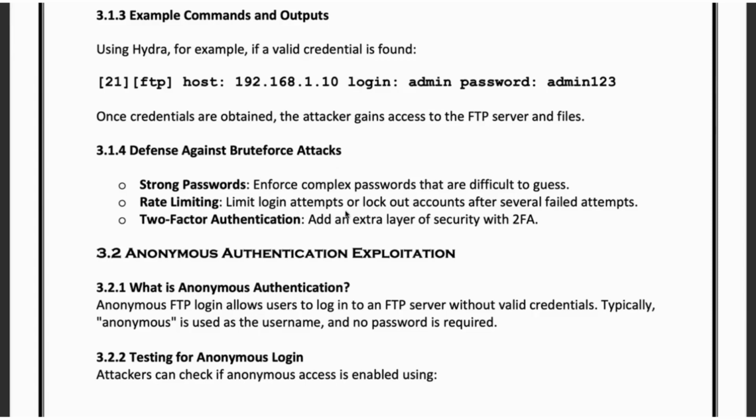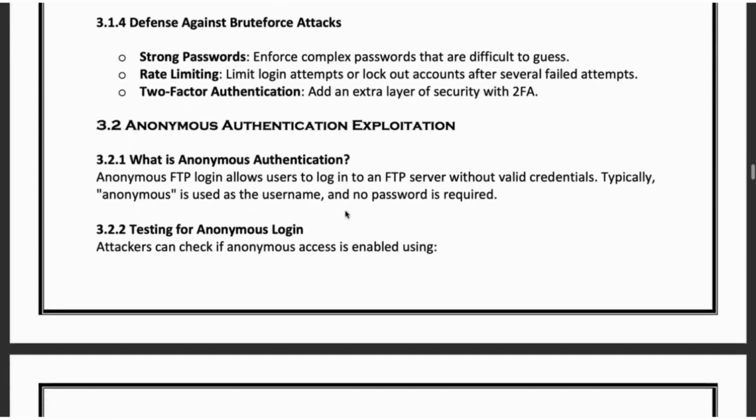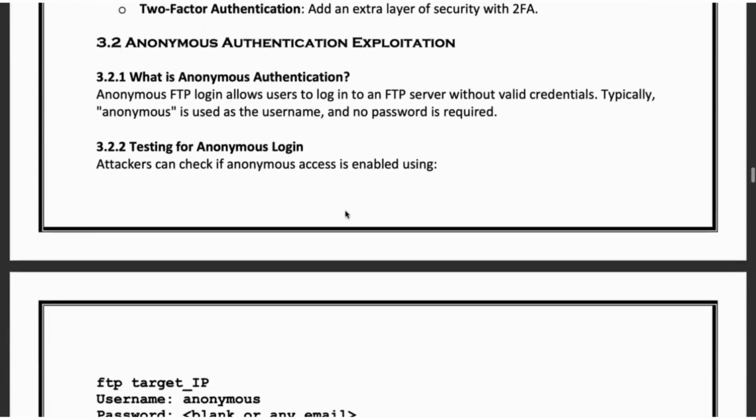So one thing is done, banner grabbing. On FTP, you will identify the banner, then you will launch the brute force. Now, what can you do next? You can try to log in with anonymous authentication. On the FTP service, anonymous logins are also allowed without any valid credentials.